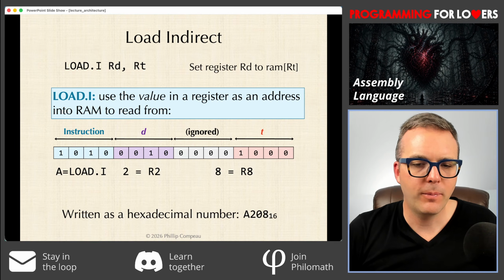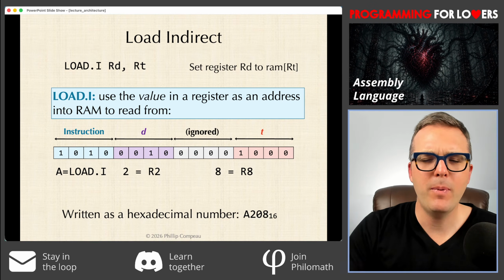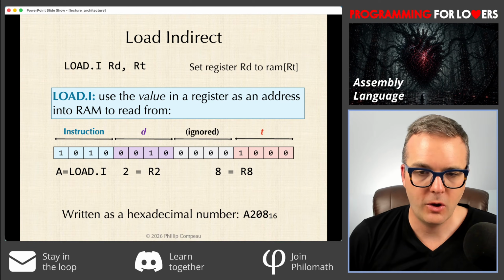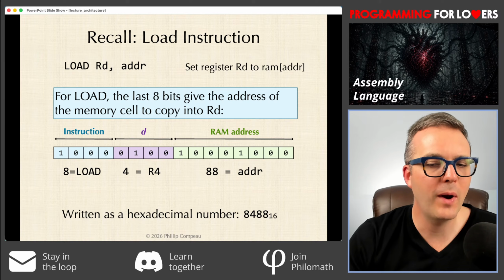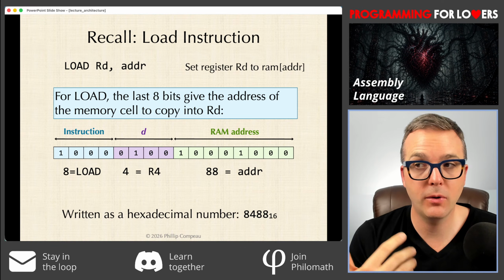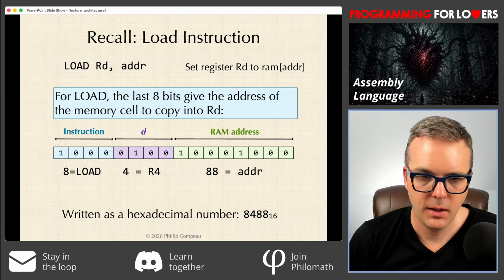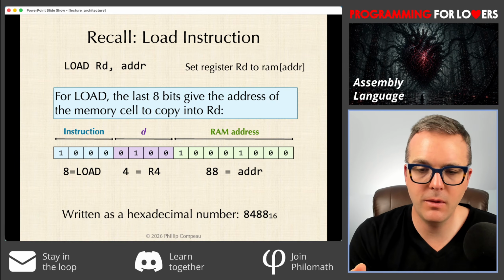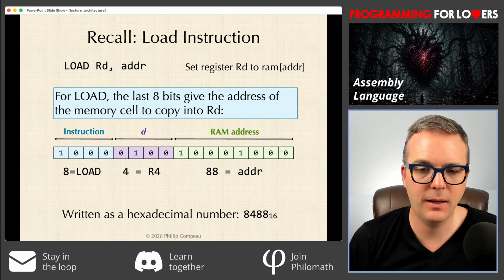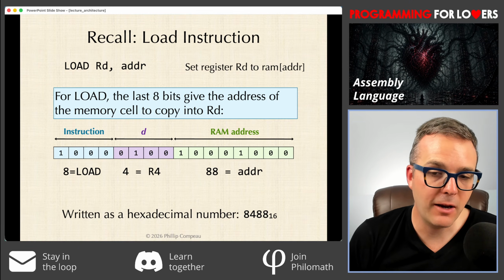I also could do something very indirect, which is maybe register 8 stores a memory address. In this particular case it was somewhat direct, right? I said, load into register 4 whatever is contained at memory address 88. And instead, maybe this value like 6E is the address, but it's stored in a register.